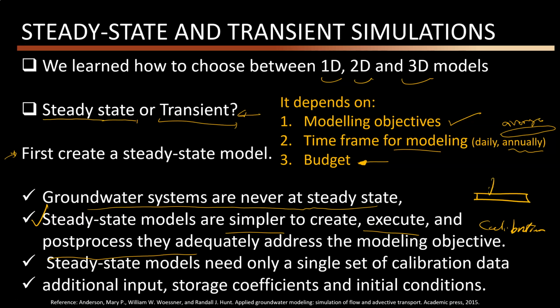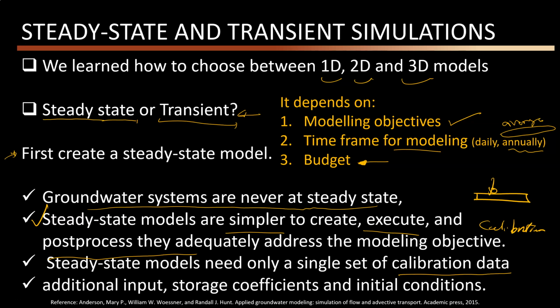Also, steady state models need only a single set of calibration data, so you have just one calibration target, which does not change with time. It means that it is simpler.